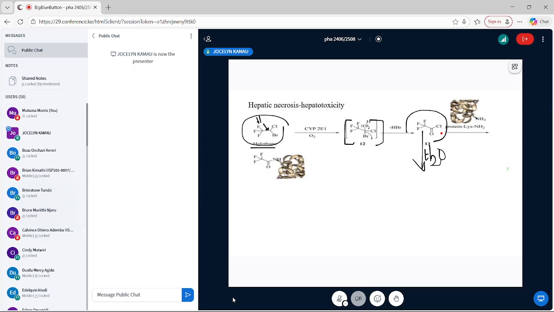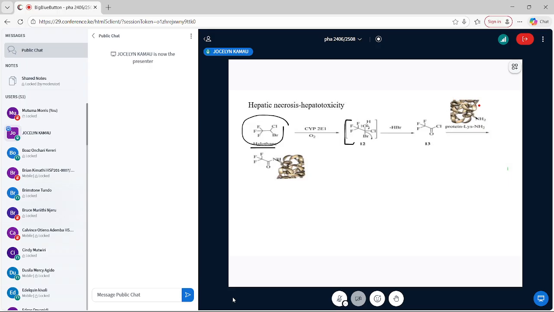Whether you have the trifluoroacetic acid or the trifluoroacetyl chloride, because the fluoro groups are pulling electrons away, the carbon of the carbonyl group will have a positive charge, and that positive charge is what will add.